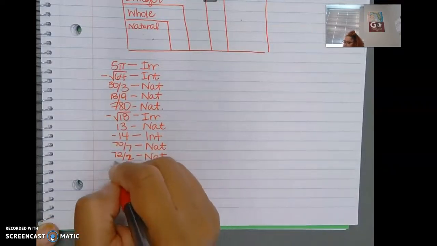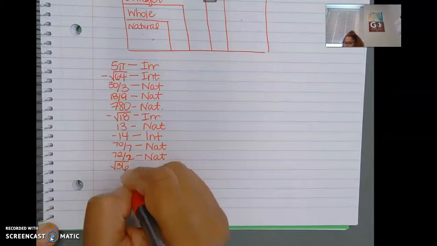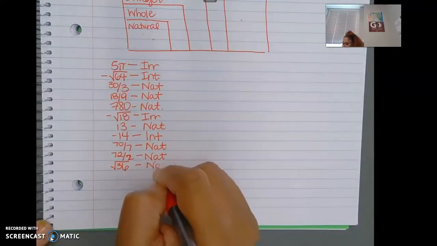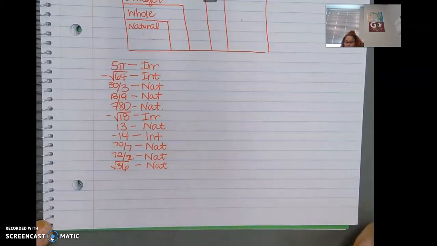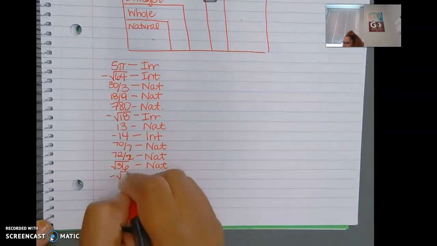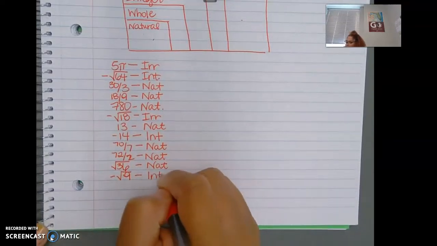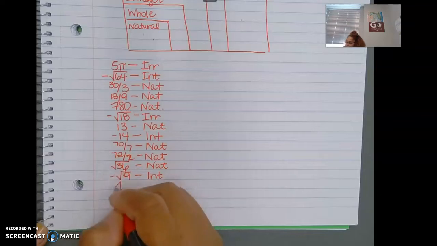What will it equal? 36. Speaking of 36, square root of 36. 6 is natural. Good, y'all. Negative square root of 9. -3, so it's an integer. 4 pi.